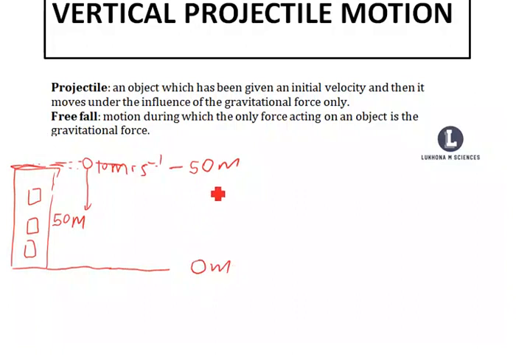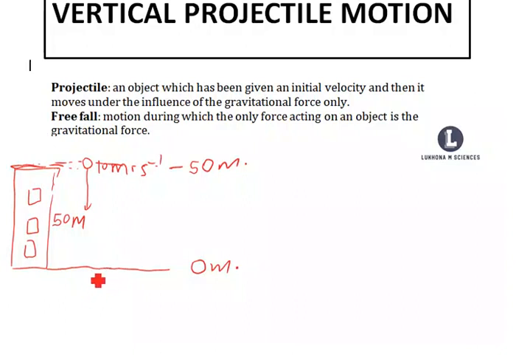So the height is decreasing to 0. Now we need the time here and the time here, so that we can draw the position-time graph. Then if we are about to draw the velocity-time graph, we will need the velocity here, that is 10 meters per second, and the velocity here. Hoping that it is clear.